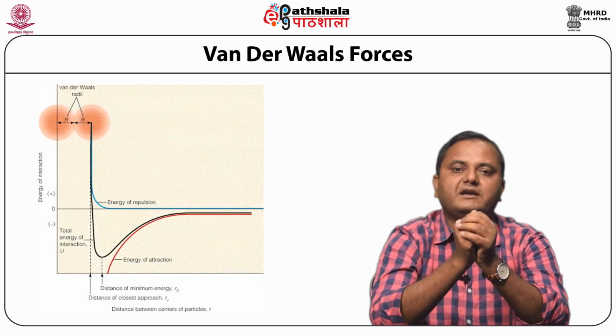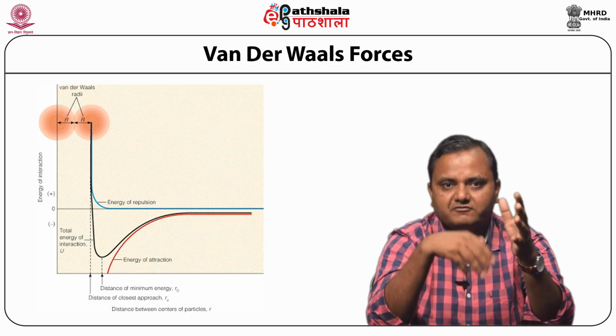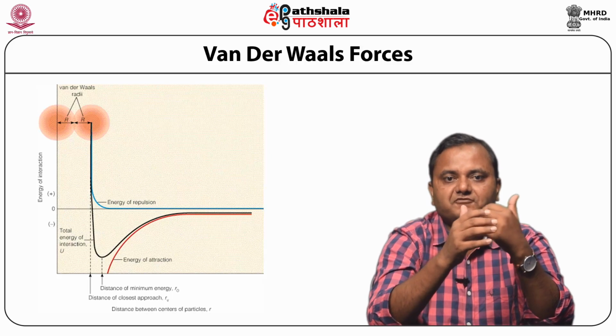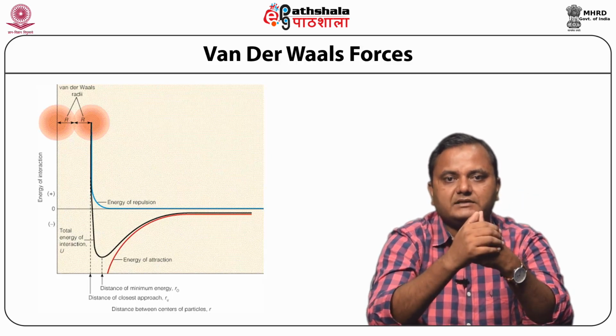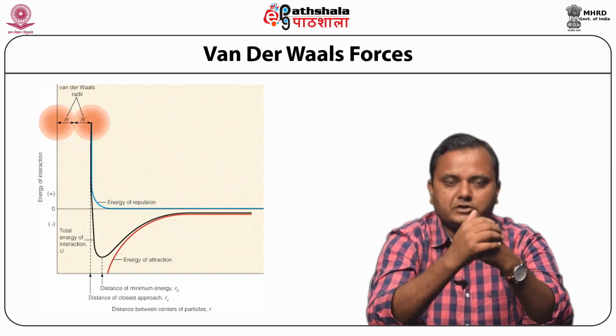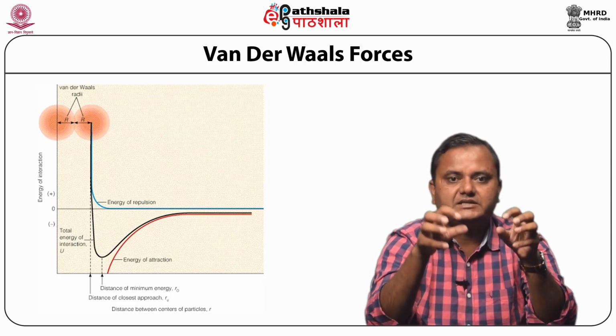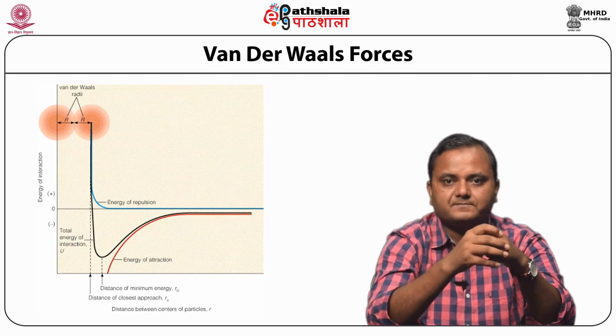Let's discuss the van der Waals forces. You can see here that the van der Waals forces, also known as London forces, are a weak type of interaction caused by momentary changes in electron density in a molecule. They are the only attractive forces present in non-polar compounds.